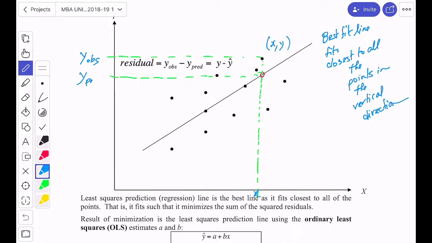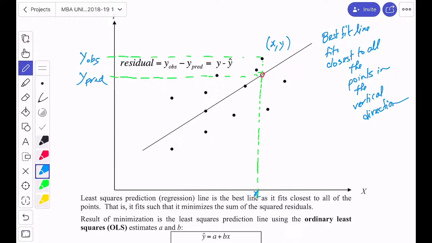And this is y predicted. And the difference between the two is the residual. The residual will be positive when the observed exceeds the predicted.